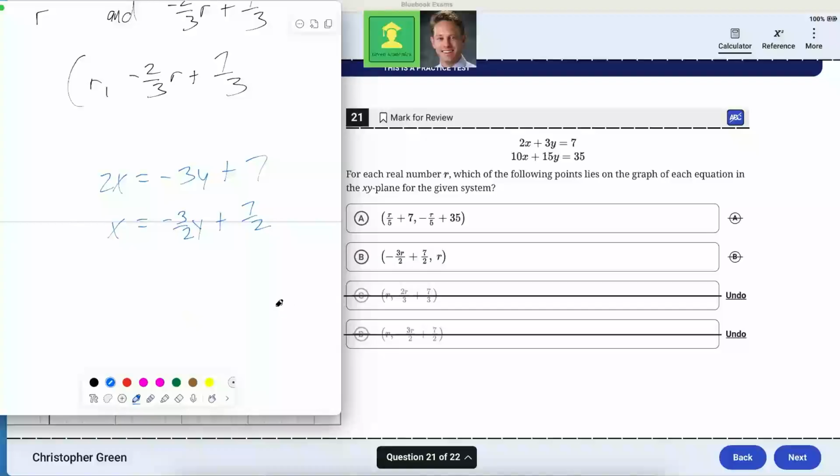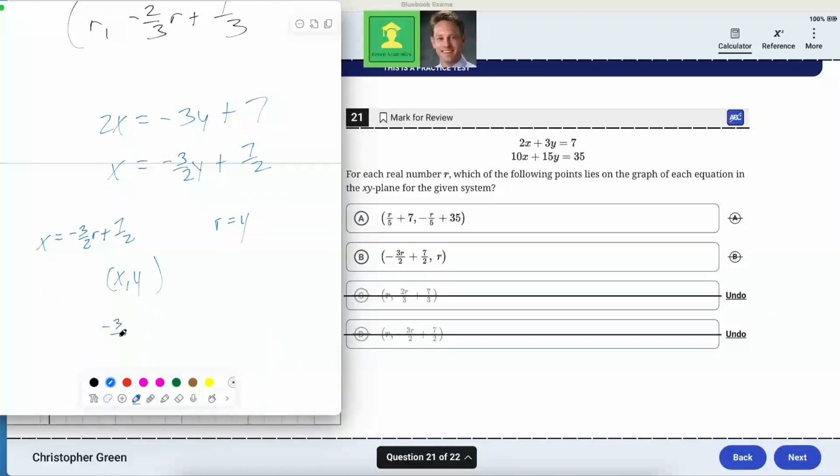It spins your head around, but if r is y, then x is negative 3 halves r plus 7 halves, which means you have the xy pair negative 3 halves r plus 7 halves, comma, r. That's a really tricky question.